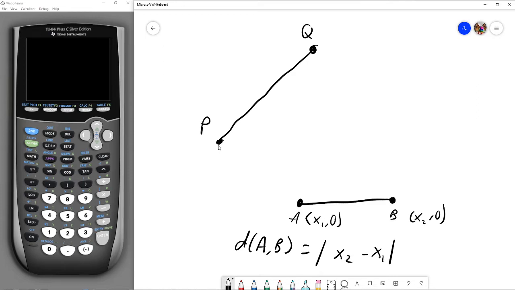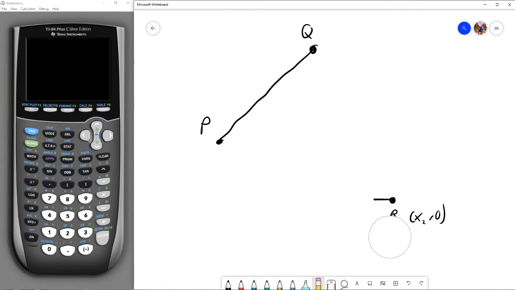The problem now, though, with P and Q is that it's a straight line, but it's also a diagonal. So how we want to think about this is, what if we had a triangle instead? For example, if I was to draw a line straight down and a line straight across, well, then we would have this nice right triangle.